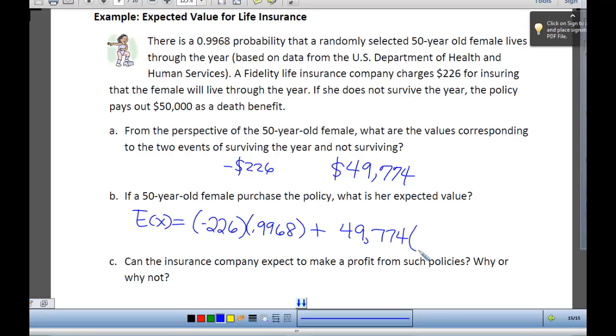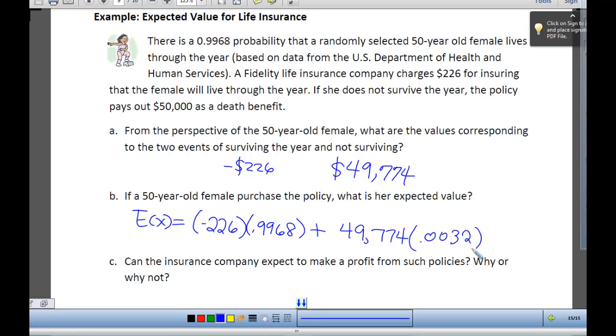And the probability that she doesn't make it is going to be what? 1 minus the 0.9968, which I get 0.0032.